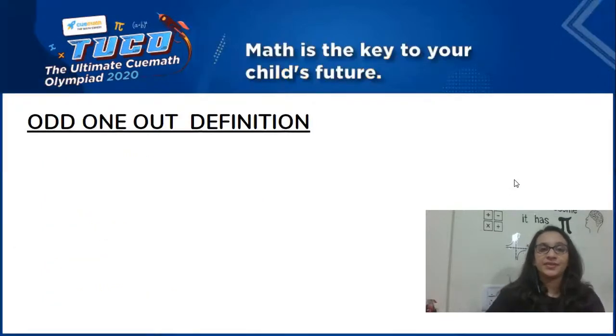So here we begin with the core concept of what odd one out is and its definition. The main suggestion to all parents and teachers is: do not give away the polished definition of any concept straight away at the beginning of any chapter, lesson or concept, because then it becomes very difficult for the child to process all that information in one go. Instead, you give them some real life scenarios from which they gauge and understand what the concept is all about.